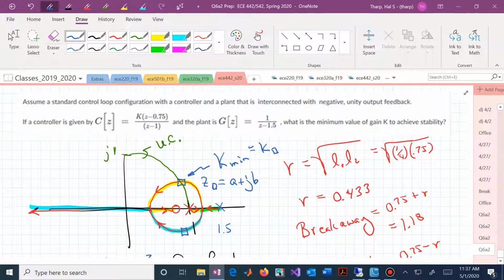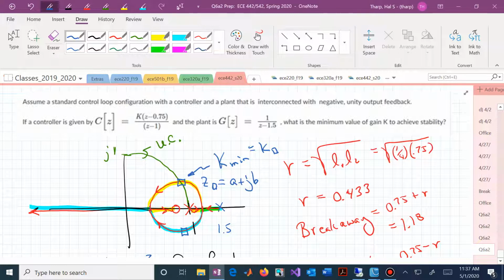The breakaway point is the geometric mean of these 2 lengths. The lengths are determined by the distance from the center of this circle to each of those pole locations. L1 is the distance from 0.75 to 1, or that's 1/4.